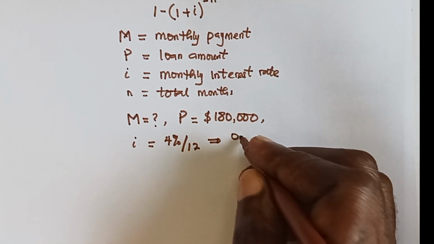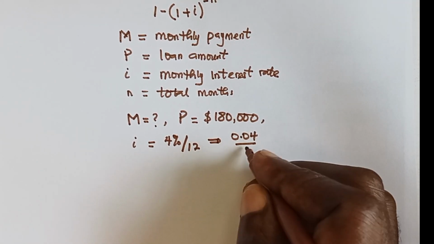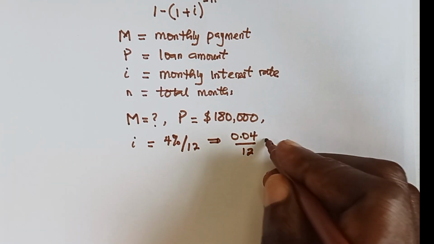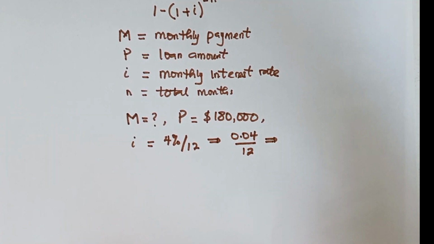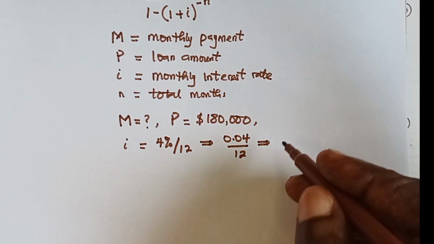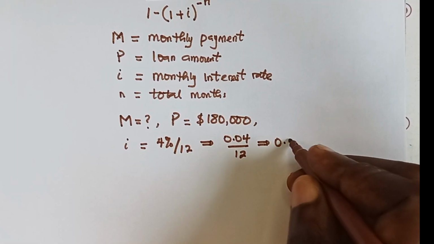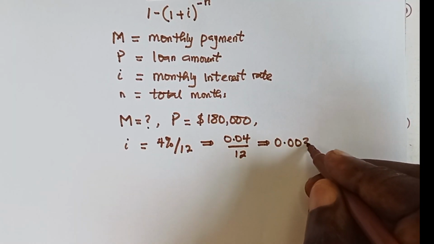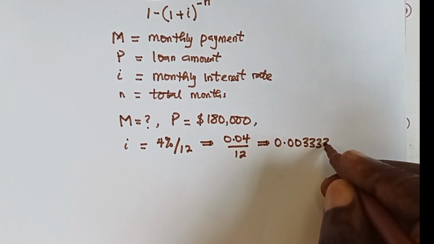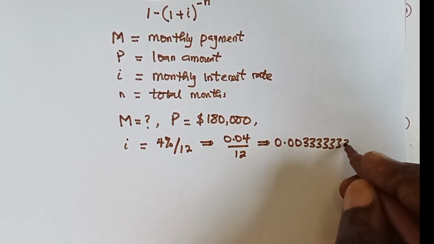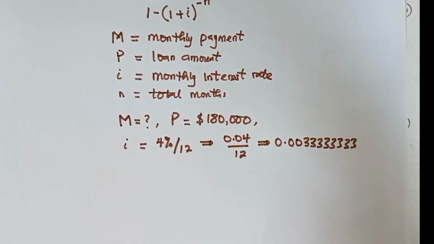So that gives 0.04 over 12, and if you calculate it, it gives us 0.00333333, about 8 threes. We have to be careful with the figures, so I would suggest that we use all the decimal points that we have. That gives our monthly interest rate.